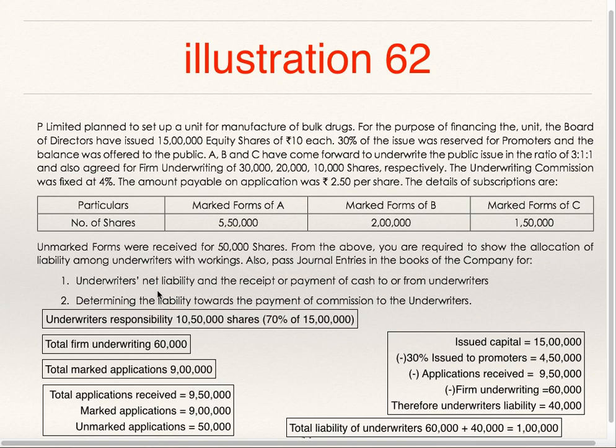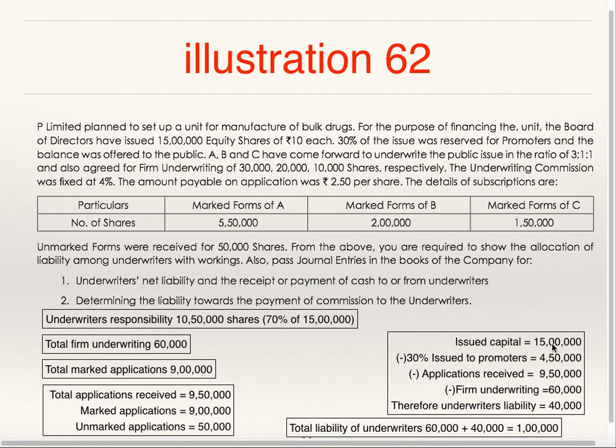From the above, you are required to show allocation of liability among underwriters with workings. Also pass journal entries in the books of the company for underwriters' net liability and receipt or payment of cash to or from underwriters. Determine the liability towards the payment of commission to underwriters.